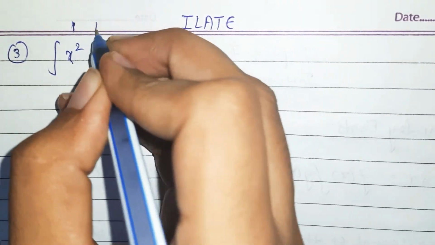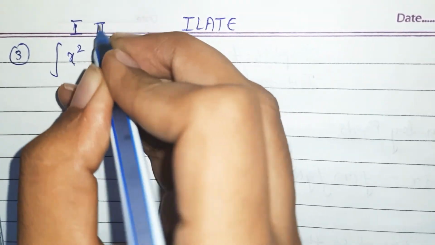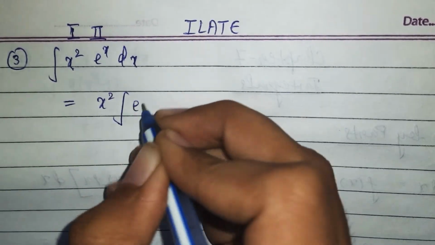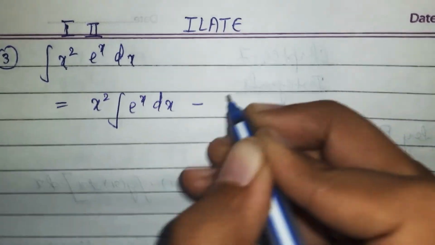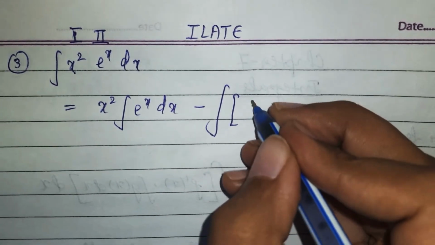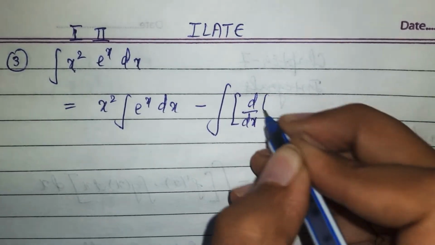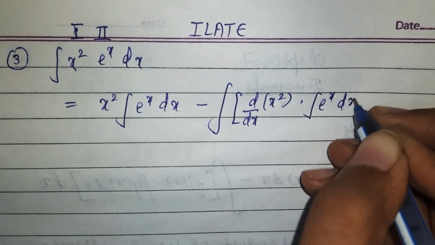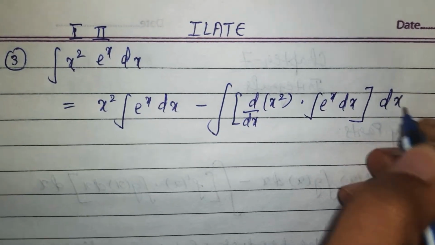So this is your first function, this is your second function. Fine. So first function same, integration of second function, minus whole of integral, differentiation of first function into integration of second function, whole of integral dx.